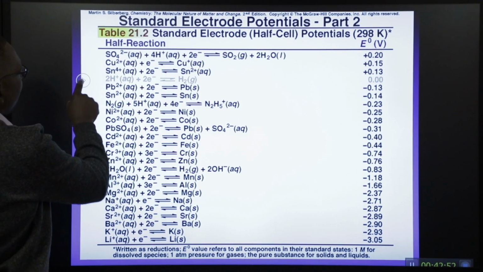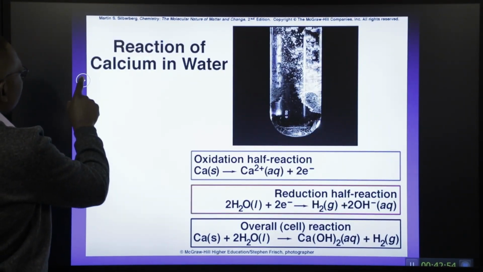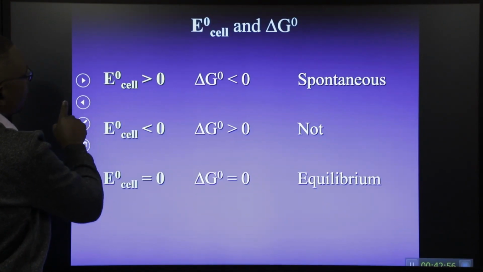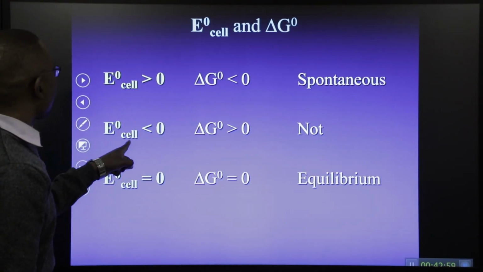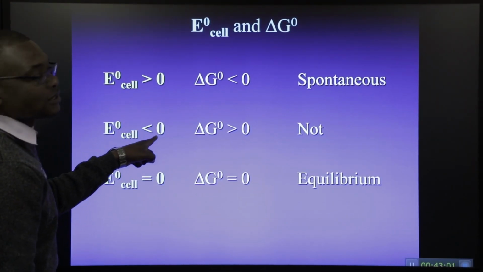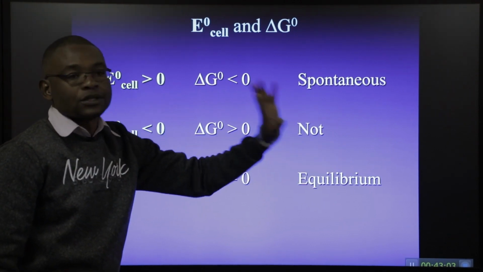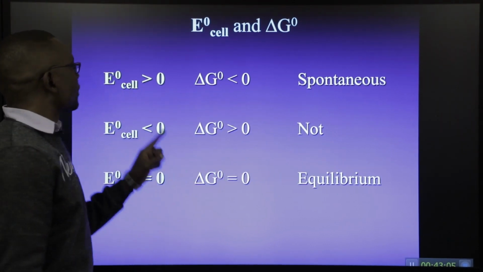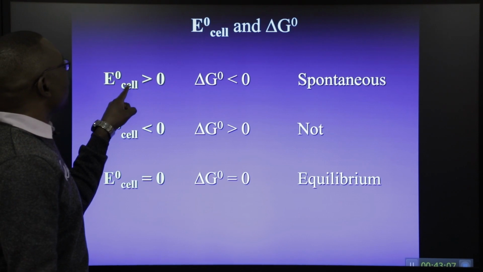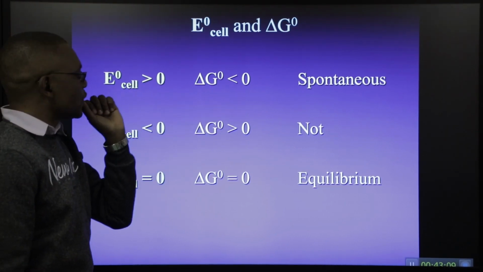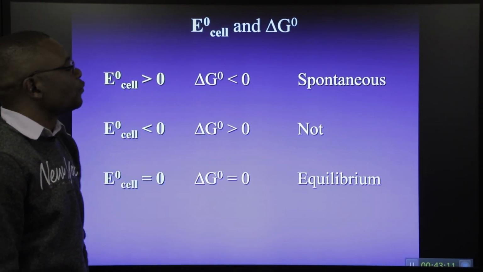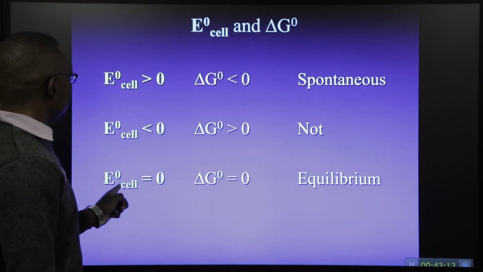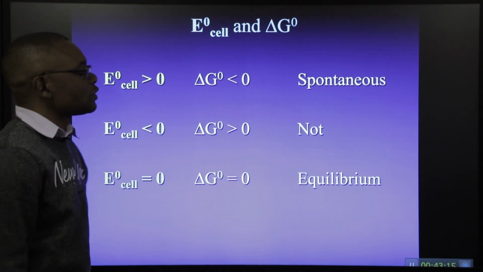So what does that imply? If E cell is less than 0, it means that this cell is not going to work. If E cell is greater than 0, it will be spontaneous. If E cell is equal to 0, it means that it's in equilibrium.